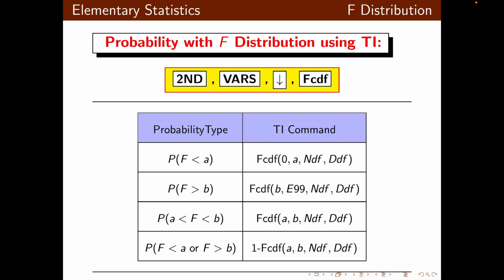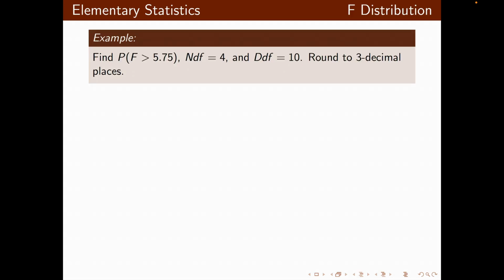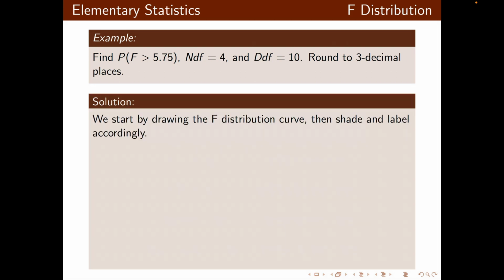We want to find the probability that F is greater than 5.75 with numerator degrees of freedom 4, denominator degrees of freedom 10, and we want to round our answer to 3 decimal places. So we're going to draw, shade, and label accordingly.